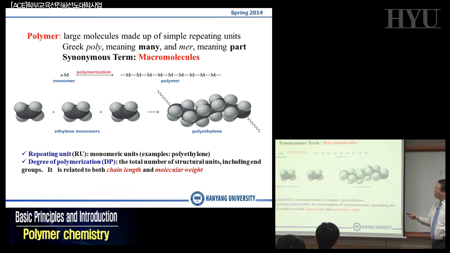So we have many molecules in this case, but we end up with just one molecule, right? This is an example of a polymerization reaction. The chain length becomes bigger from the smaller chain length, and the molecular weight becomes bigger compared with the monomeric units.